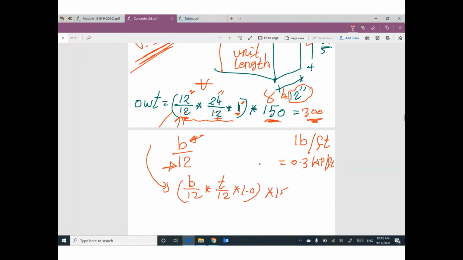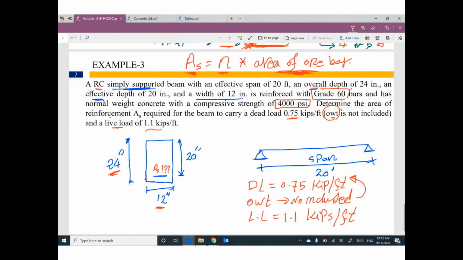Whatever these numbers are, they are in inch. So right now, own weight equals 0.3 kip per foot.